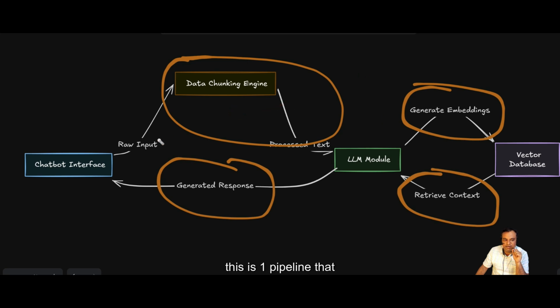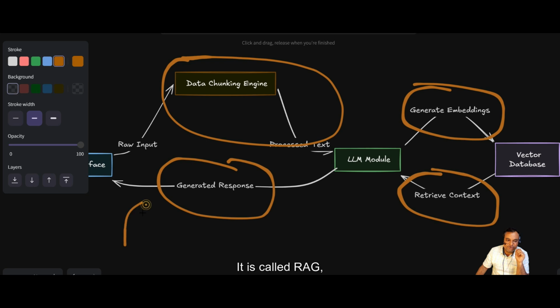This is one pipeline: how your raw input gets into chunks and how the module will generate the embedding. Once the embedding is generated, how it is going to search the vector database, what algorithm you want to put here. Once the vector database sends the coordinates, anything extra we want to put here is a check and balance, and then give it to the LLM. And from the LLM, if any response comes, what check it should do before responding to the chat. These are all kinds of pipelines. And these pipelines together are called RAG.